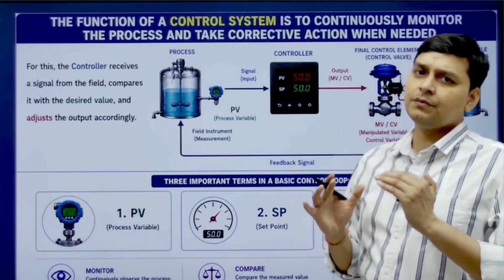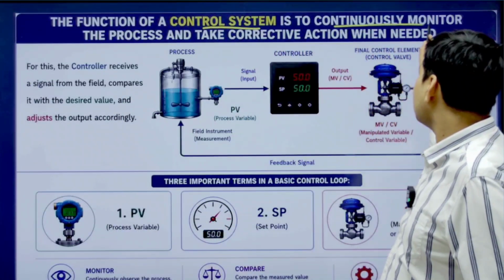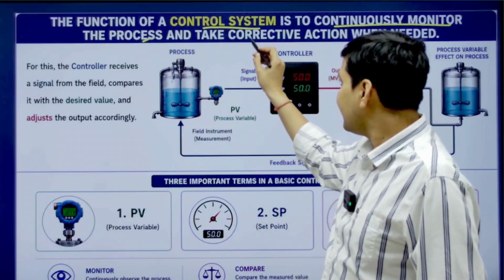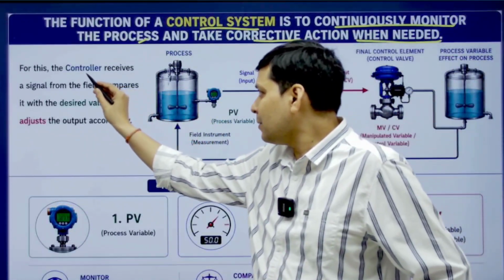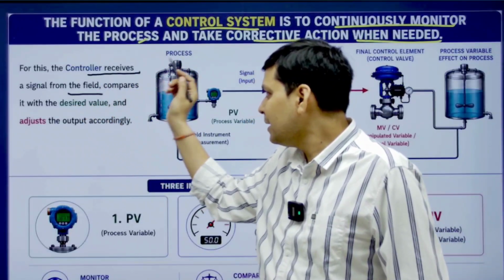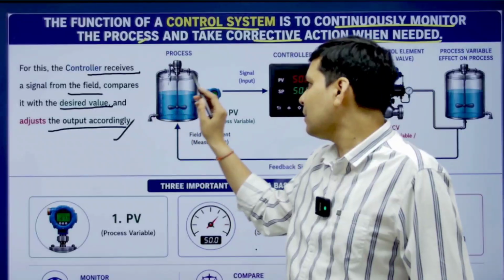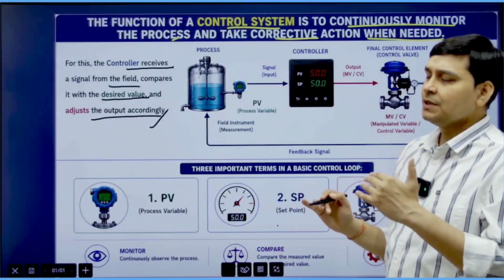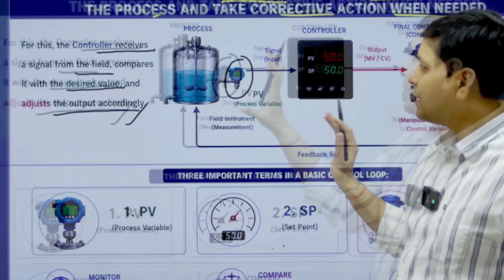If we talk about the function of a control system, the function is to continuously monitor the process and take corrective actions when needed. For this, the controller receives the signal from the field, compares it with the desired value and adjusts the output accordingly. Suppose a process is controlled and we are measuring some parameter.